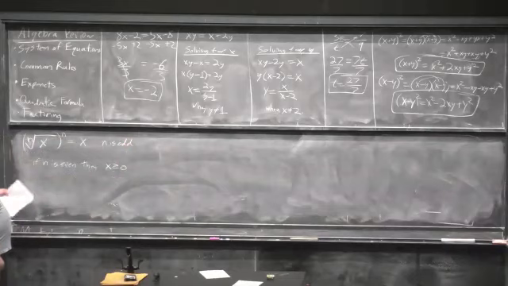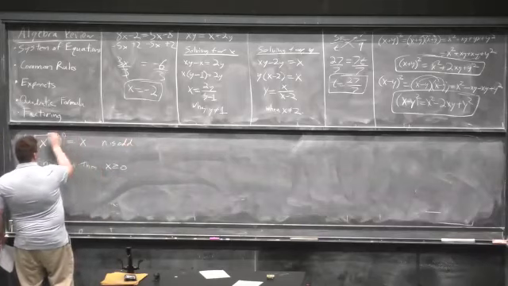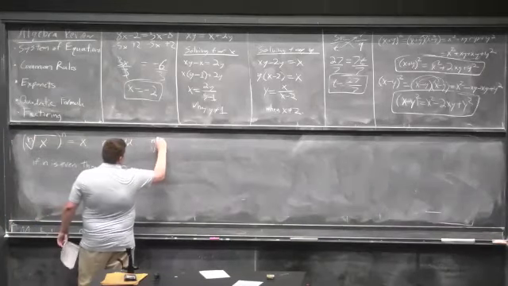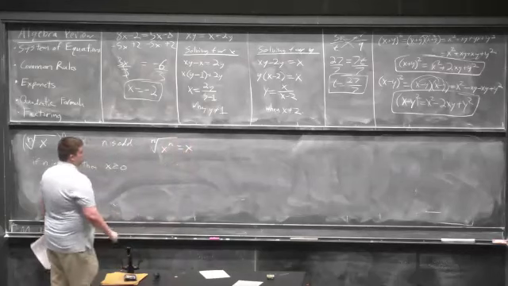And if I flip it around, if n is odd, it stays the exact same way. So when n is odd, I get this as well as the nth root of x to the n equals x.